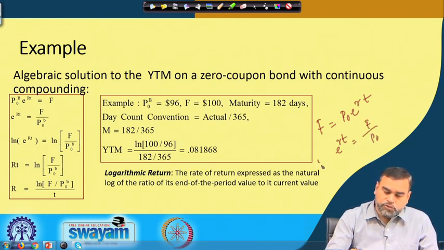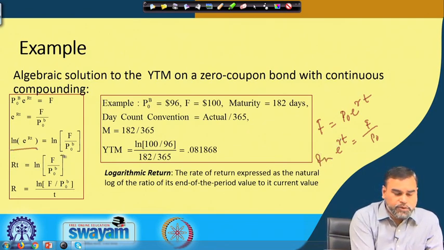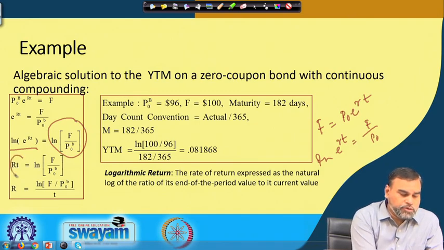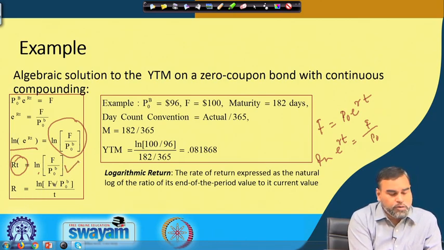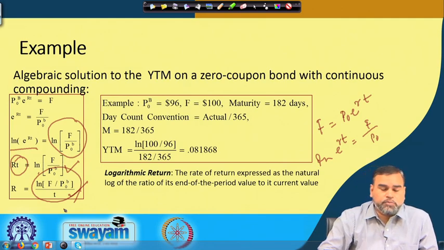Obviously, if you take the log on both sides, ln e to the power rt is equal to ln F by P0, then rt is equal to log of F by P0, then r is equal to log of F divided by P0, divided by t. So, that is the way the YTM of a zero coupon bond can be calculated if there is continuous compounding.